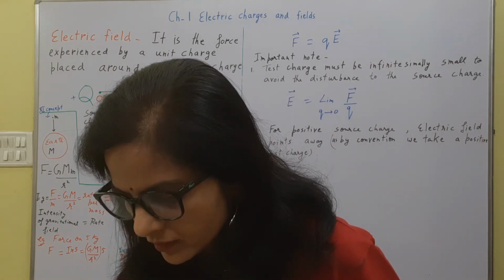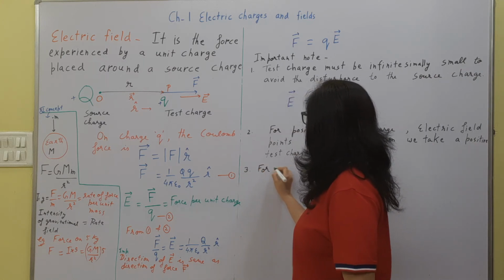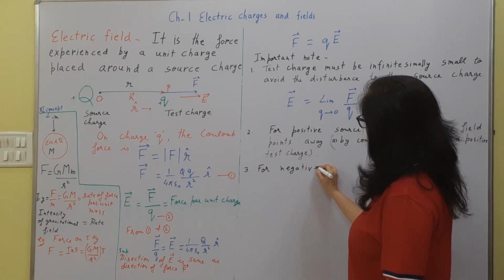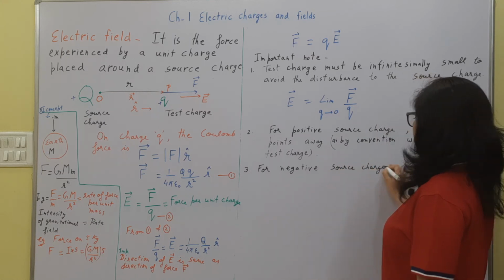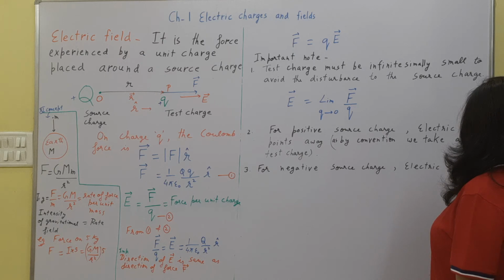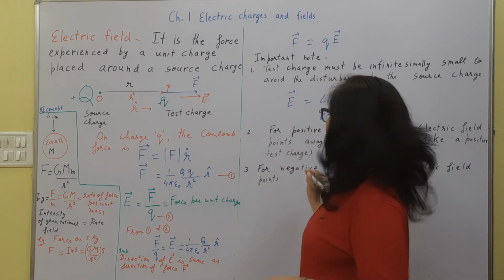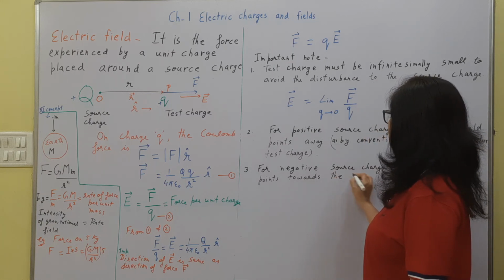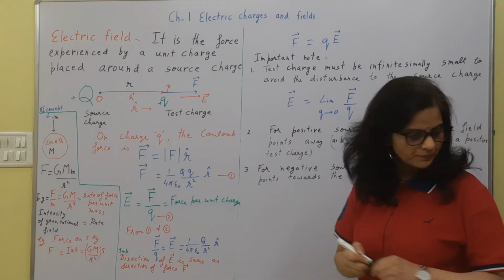Right? And then for a negative source charge, electric field points towards the source charge. We can show it here.